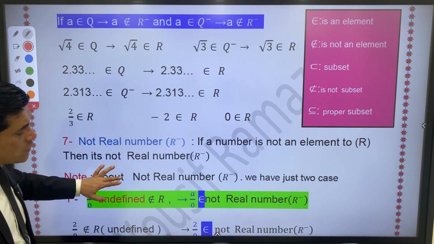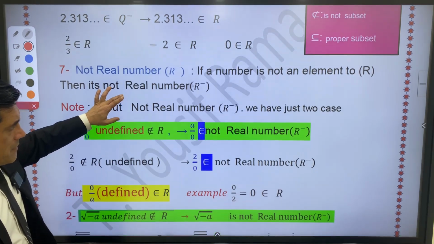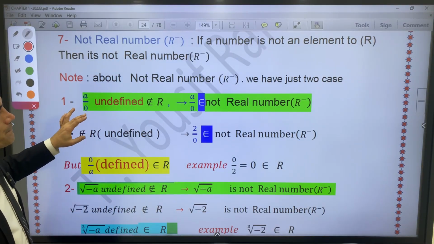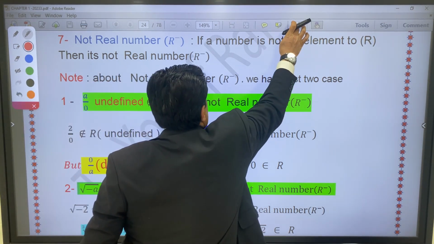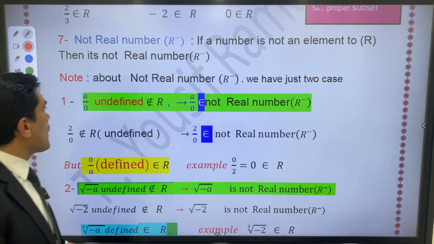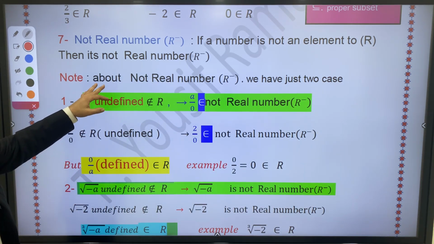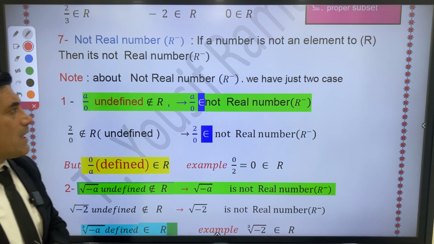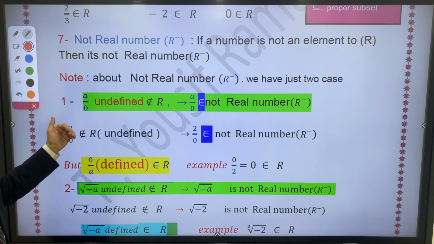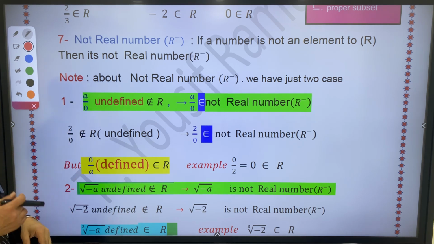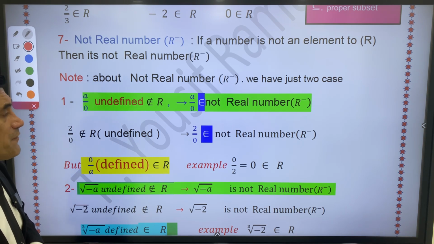You have two parts of not real. Note, about not real number, that means R prime, we have just two cases. If we have I over 0, that means a number over 0, so it is, you said, undefined.